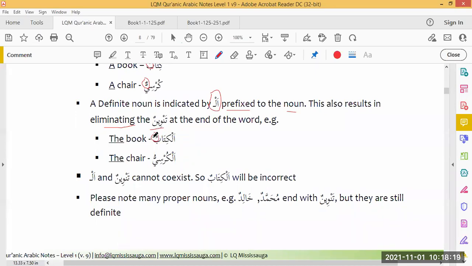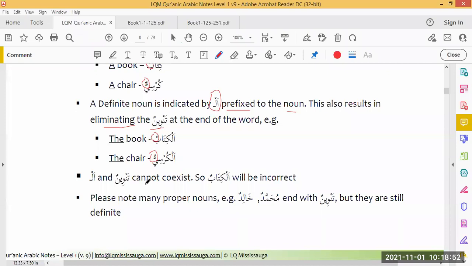Al kitabu, the book. Al kursiyu, the chair. So you can see here it is taking one dhamma.